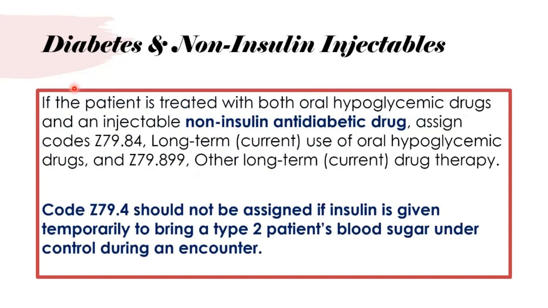Now, if the patient is treated with the oral hypoglycemic drug and an injectable non-insulin antibiotic drug, you're going to code Z79.84, the long-term use of the oral hypoglycemic, and also Z79.899, other long-term current drug therapy.